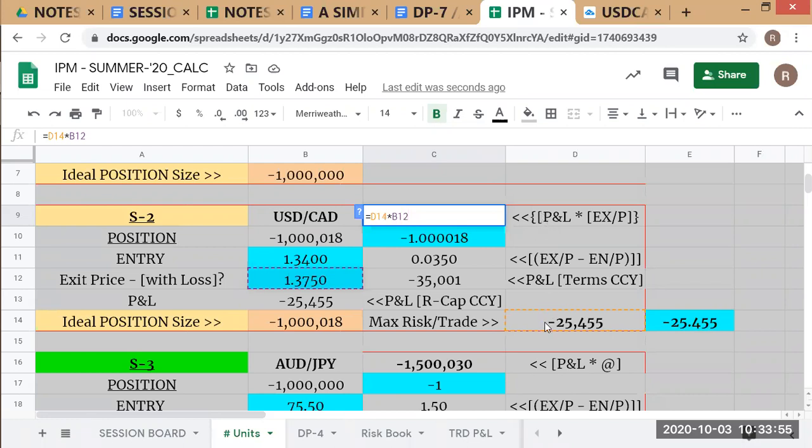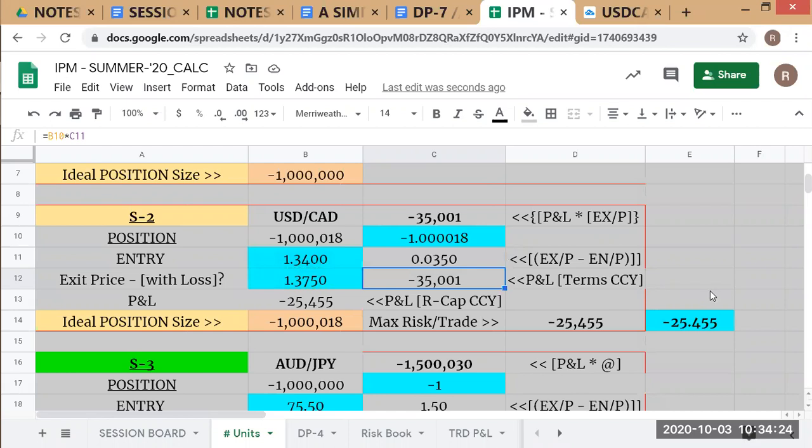We have to set the two equal to each other. So this figure here is exit price. Over here we're looking at this cell, which says P&L into exit price is this into exit price. That's one component, and the other component is exit minus entry, which is given here.